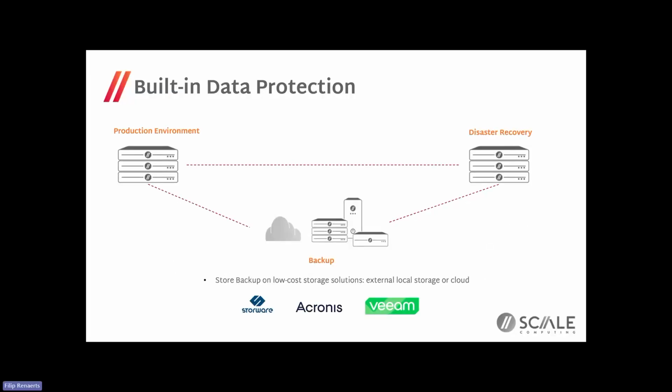Of course, we strongly advise our partners and customers to go for a backup solution. The 3 main vendors that we work with are Storware, Acronis, and Veeam to create a backup from Scale Computing. So you have production environment, disaster recovery built into the license, and then you have a backup with those vendors.